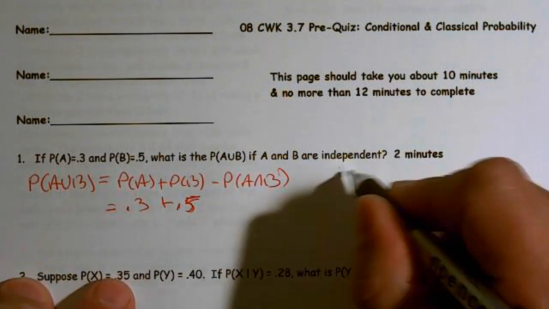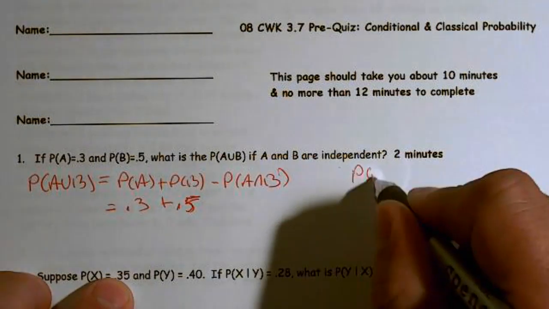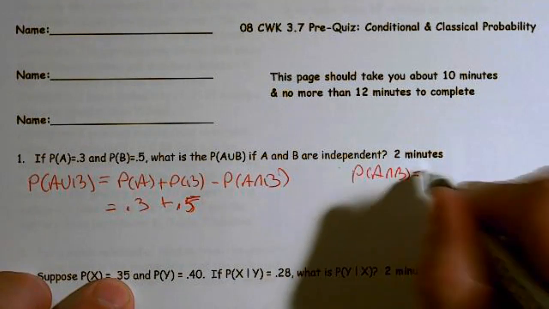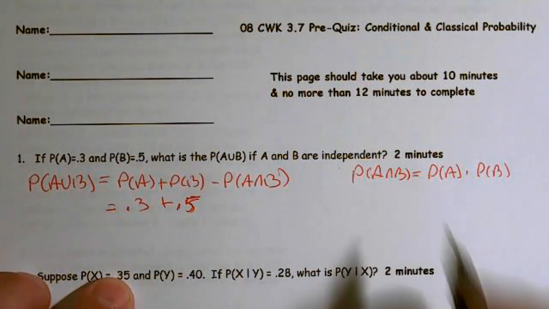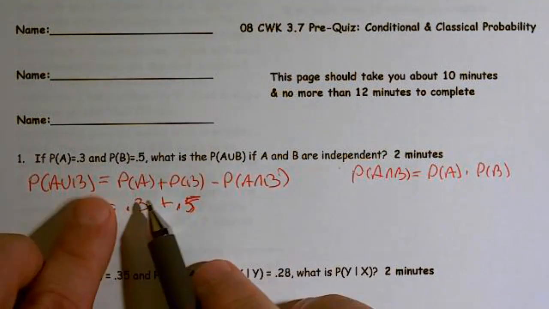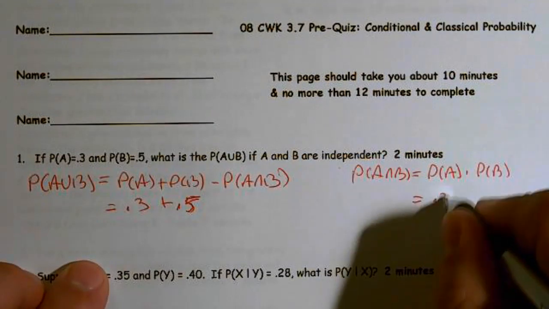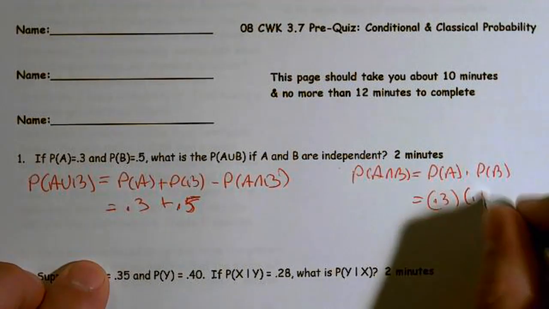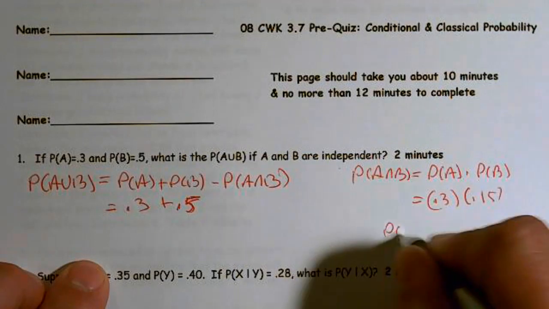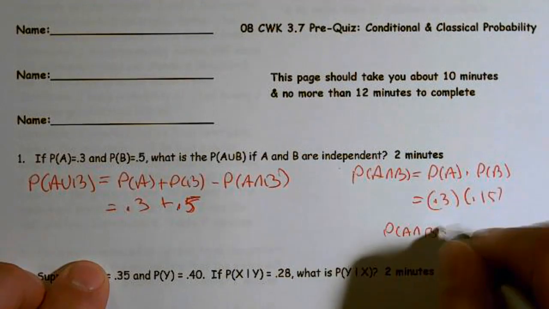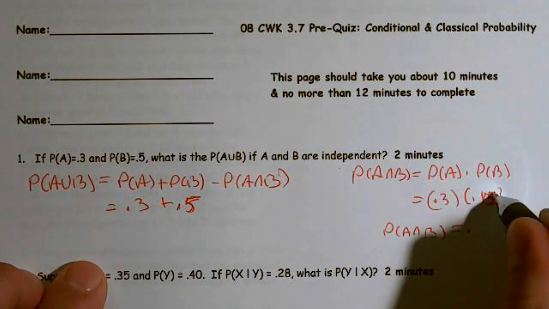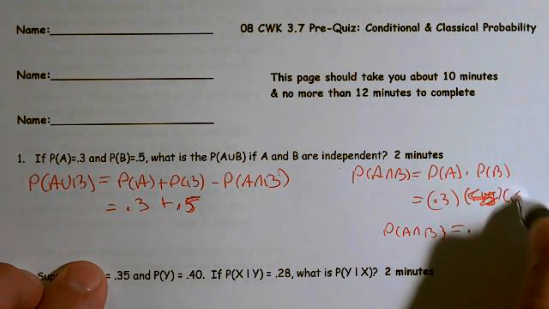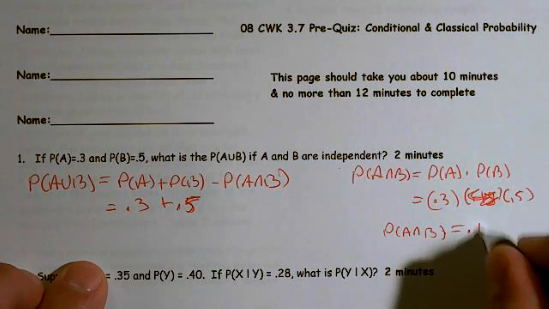All right. Well, if they're independent, we know that the probability of A and B equals the probability of A times the probability of B. So I can go ahead and plug in here, and I have equals 0.3 times 0.5, and that equals 0.15.